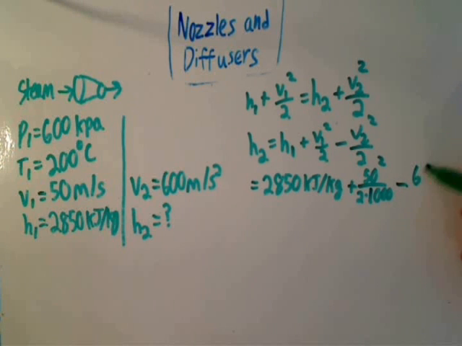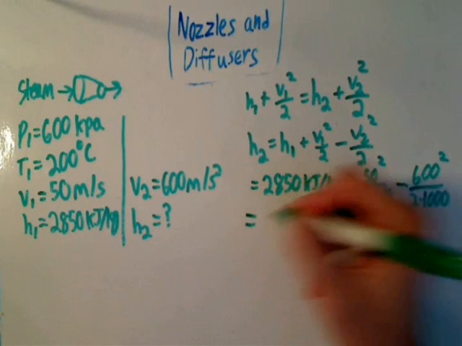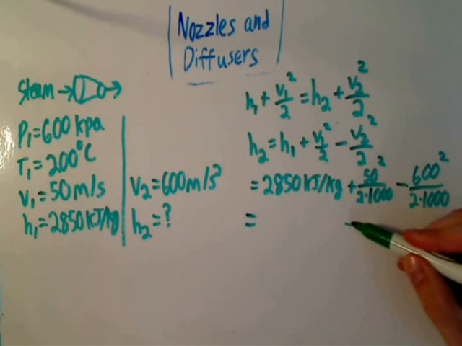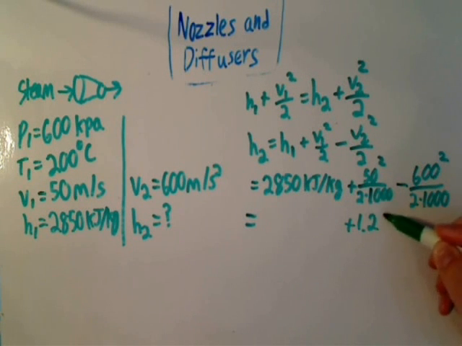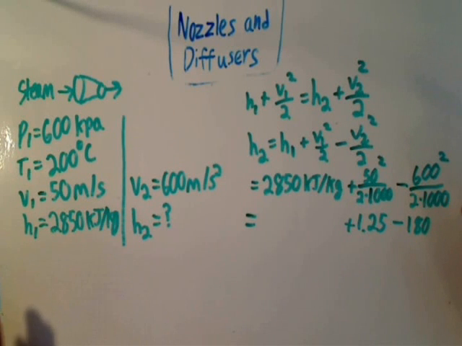And we're going to do the same thing with the second velocity. When we do it all out, this becomes 1.25, see what I mean by little? And this becomes 180, which is less than negligible.